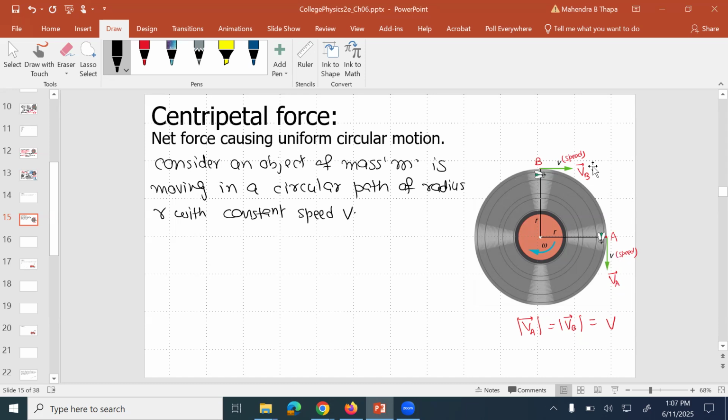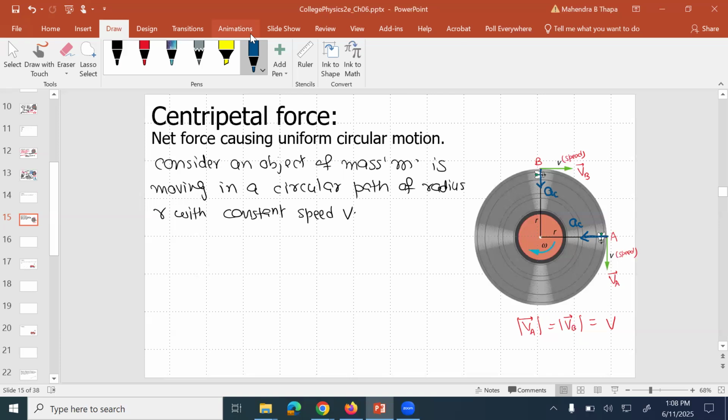It is along the tangent as shown in the figure. Based on the previous concept, we know that the centripetal acceleration is also toward the center. So at point A, it is toward the center. The positive value will be AC. At point B, the centripetal acceleration is also toward the center, AC.